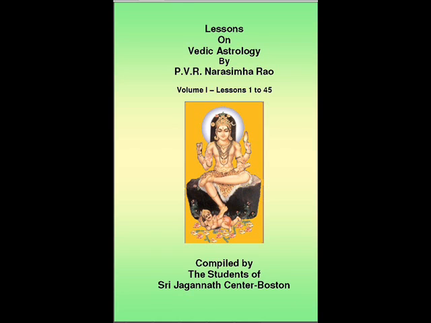Also, if you take the ninth lord as Lagna, Venus, where is he? He is 9. But look at the 2nd and 12th from him. There is Papakartari, 2 malefics in the 2nd, Saturn and Mars, 2 malefics in the 12th, Rahu and Sun.